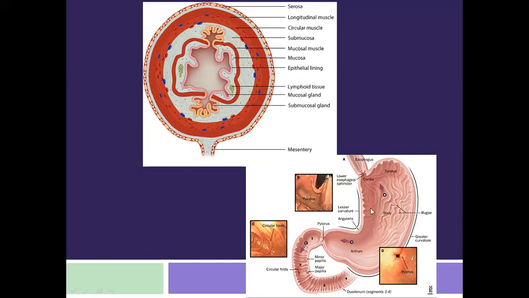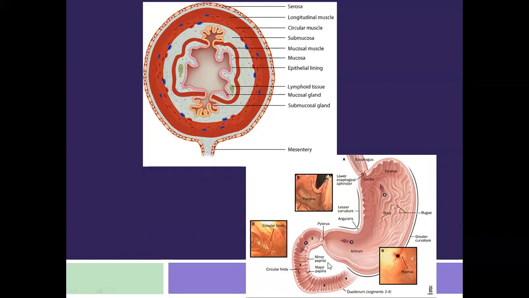Because within the stomach there is a secretion of HCl or gastric acid, and the pH value is approximately 1 to 2. This is a highly acidic environment. Due to the presence of a thick muscularis mucosa, this acidic environment is neutralized. But any damage within this muscularis mucosa can cause a serious problem or bleeding.